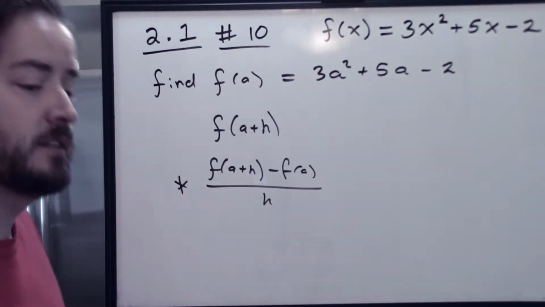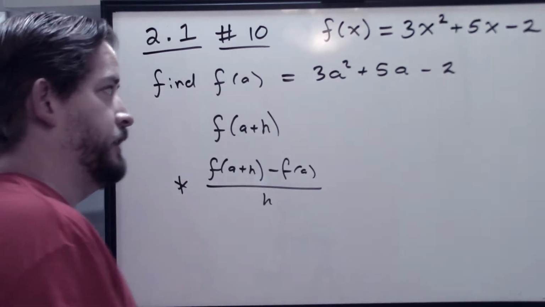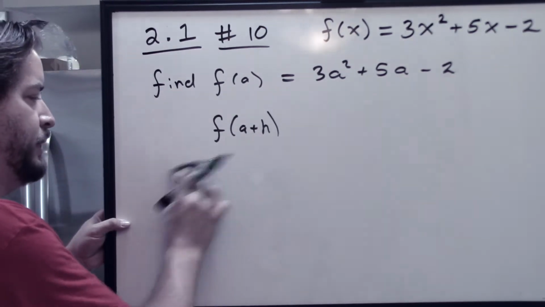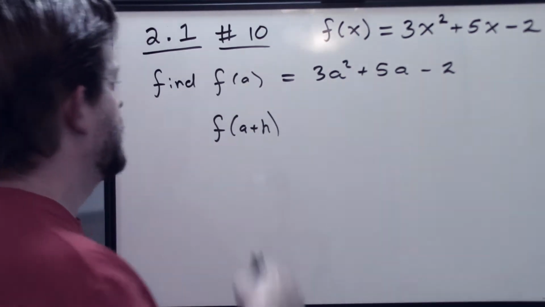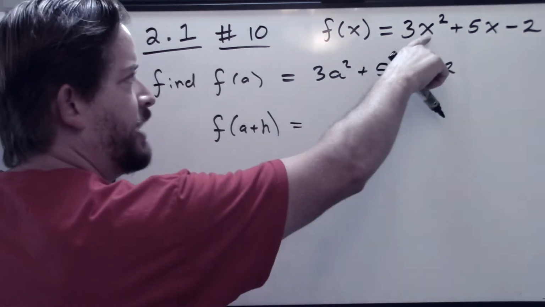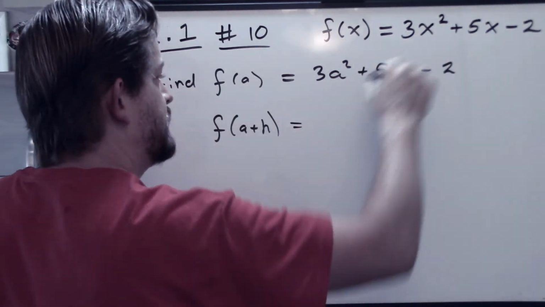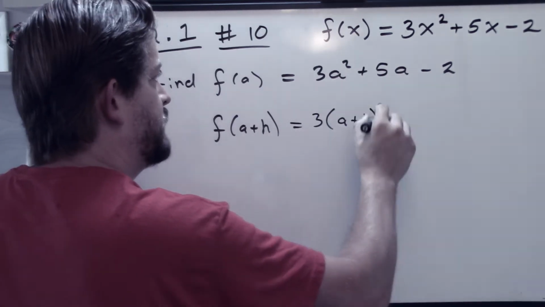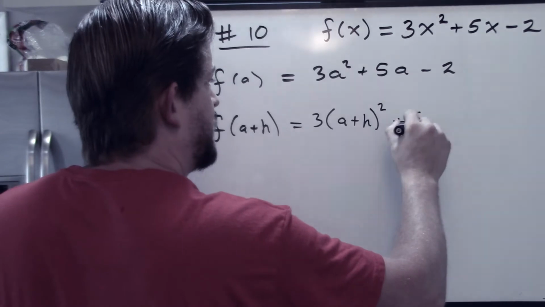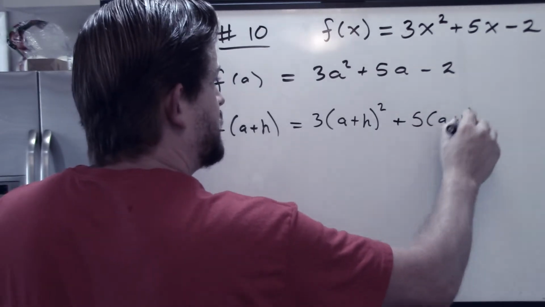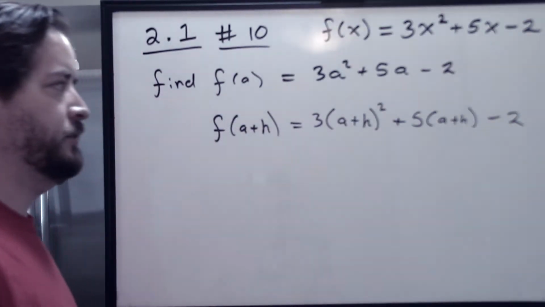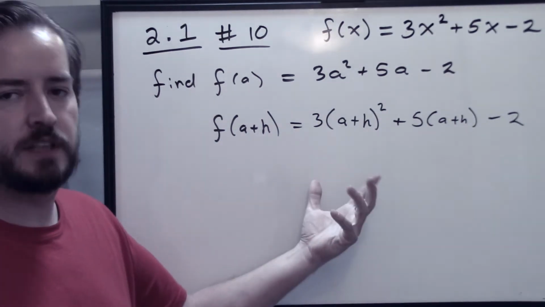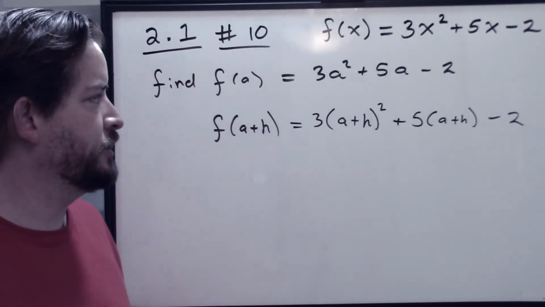f of a plus h gets a little bit bigger and hairier. So I'm actually going to erase this bottom part and we'll come back to it. f of a plus h is plugging in a plus h in place of my x's. So that is 3 times a plus h squared plus 5 times a plus h minus 2. And I'll want to expand this because the answer is looking for all of the coefficients in front of, say, the a squared terms, the h squared terms, and all of that.